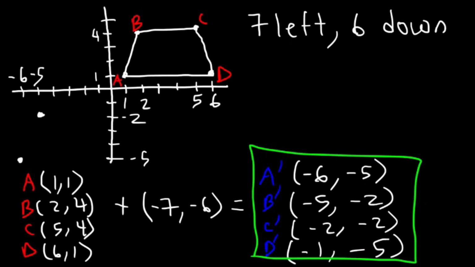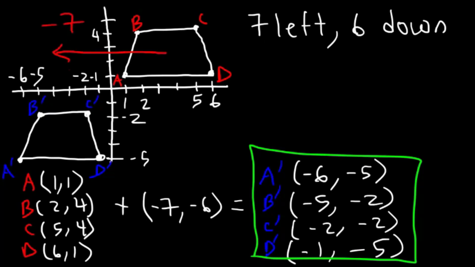C is at -2, -2. And D is located at -1, -5. So this is the new A, B, C, and D. We traveled 7 units to the left, and then we traveled down 6 units. So that moved the quadrilateral from quadrant 1 to quadrant 3.